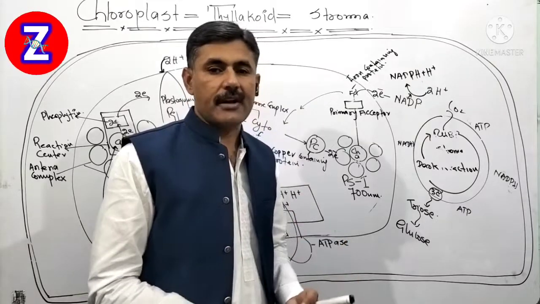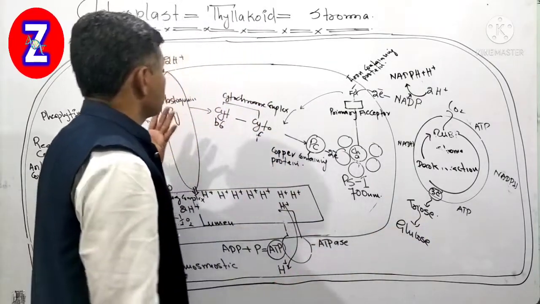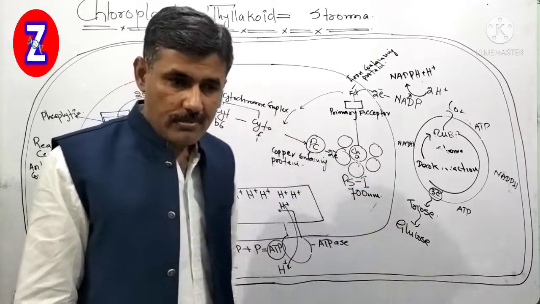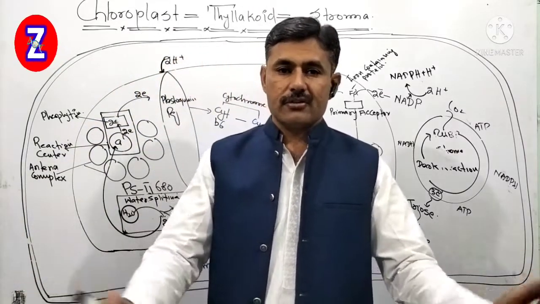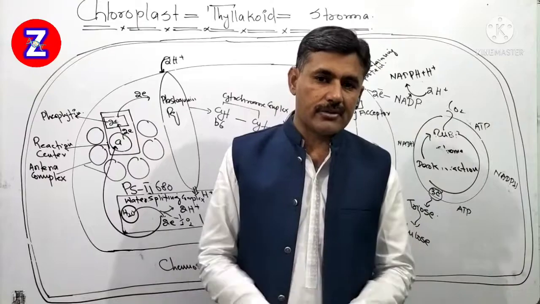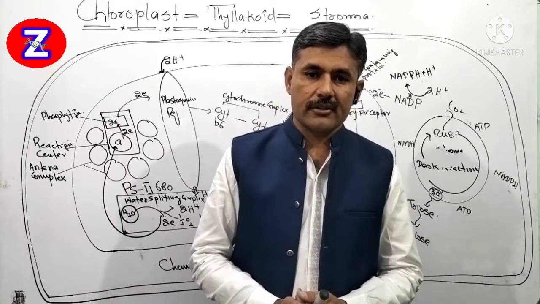This is the general structure of a chloroplast, thylakoid, stroma and water splitting complex. This is general, and now I'm going to start the light reaction.